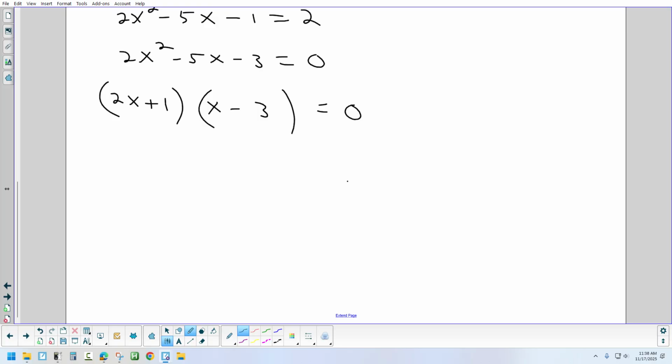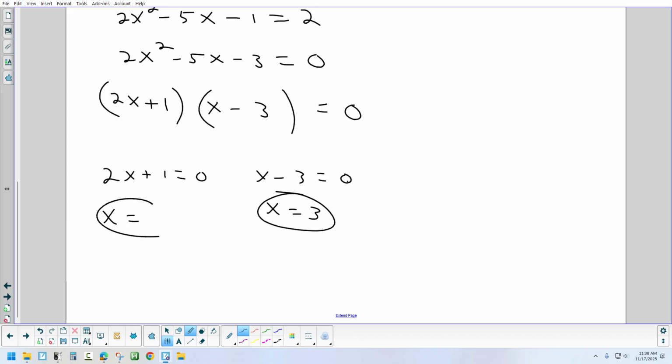Set the factors equal to 0. So we're going to get x equals 3. And we're going to get x equals negative a half. Okay, so those are two possible answers, but we have to check and make sure they work.